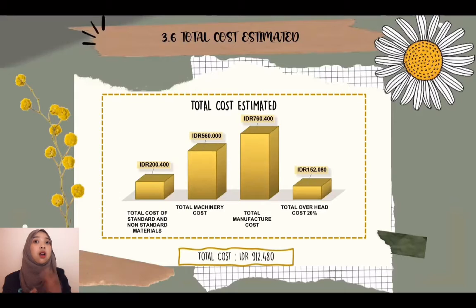The total cost of standard and non-standard materials is 240,000, total machinery cost is 560,000, total manufacturing cost is 760,400 rupiah, and the total overhead cost of 20% is 152,080 rupiah, and the total cost estimate is 912,080 rupiah.